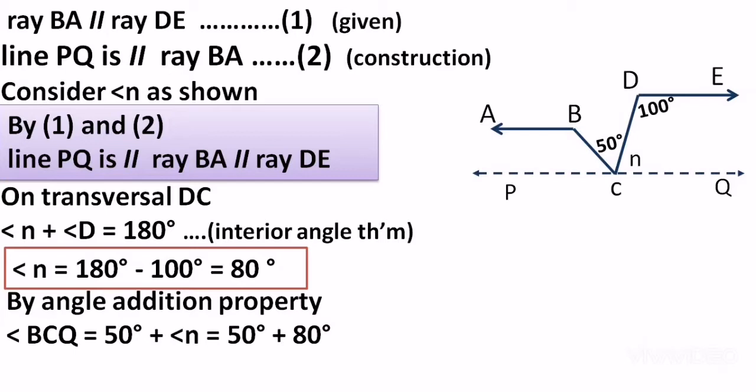The bigger angle is formed by adding two smaller angles, but those two small angles must be part of that bigger angle, okay? They must share one common arm, only then we can say this property can be utilized. So the common arm shared over here is arm CD, right? And due to which we can use this property that results in angle BCQ equals 130 degrees.